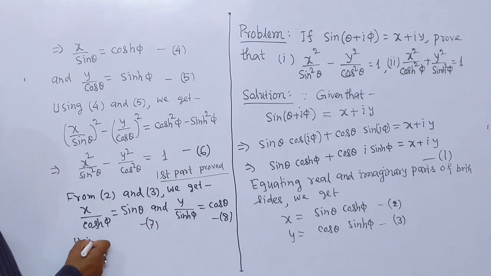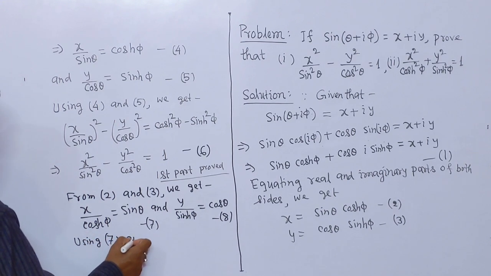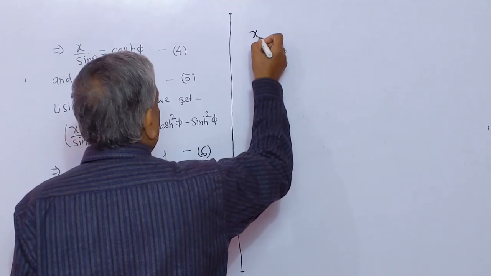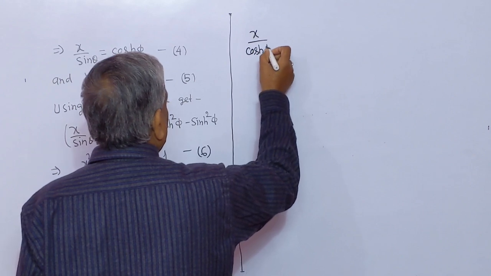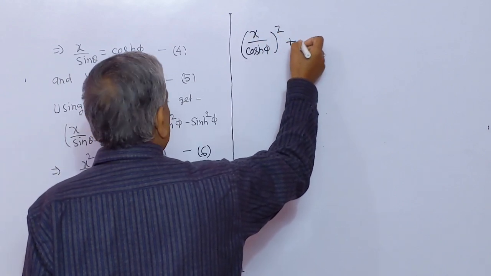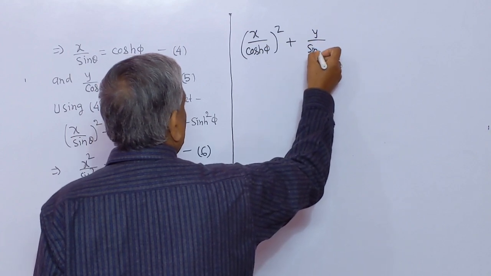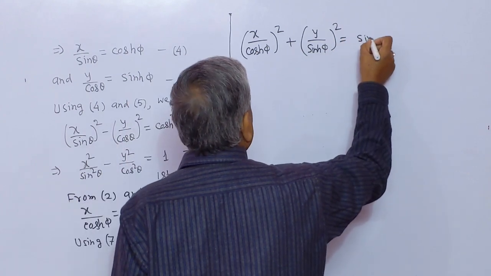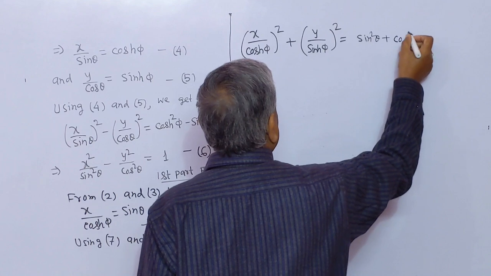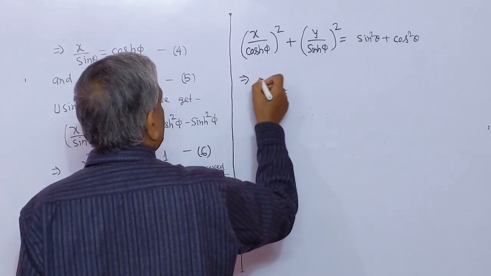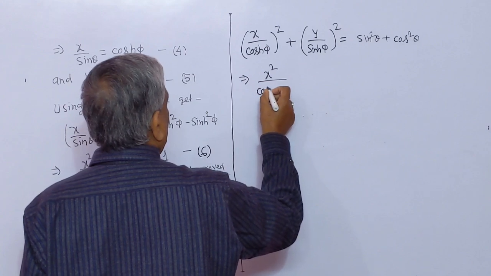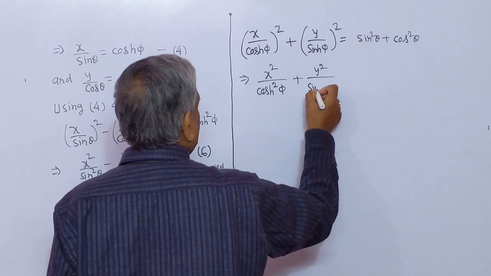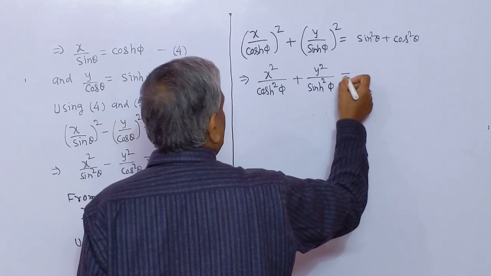Using 7 and 8, we get (x by cosh phi) whole squared plus (y by sinh phi) whole squared equals sin squared theta plus cos squared theta, which implies x squared by cosh squared phi plus y squared by sinh squared phi, and the right side is 1.